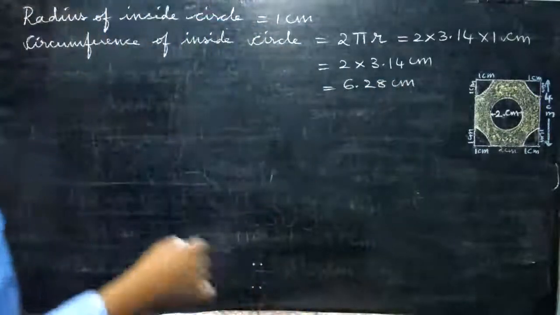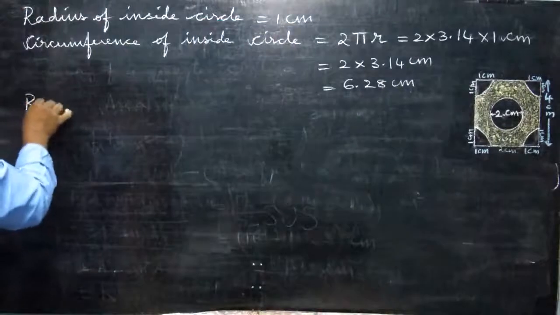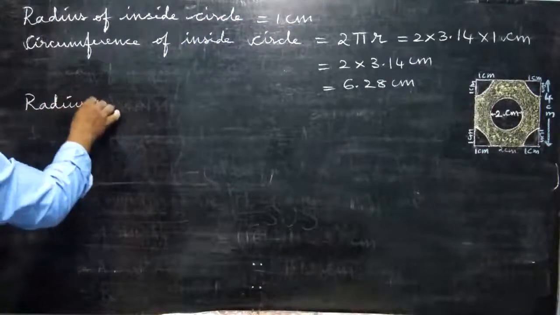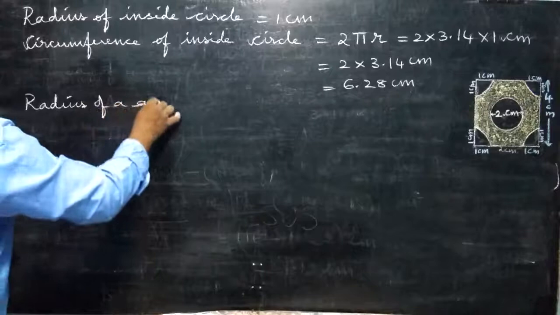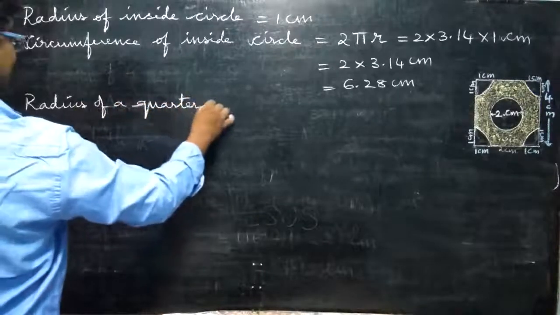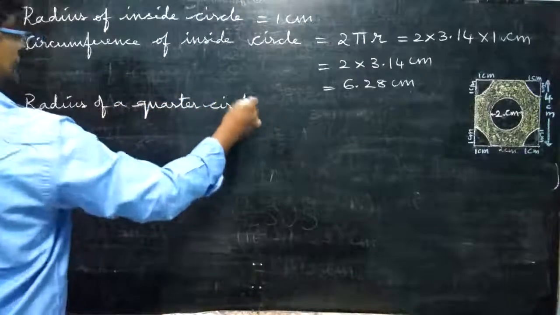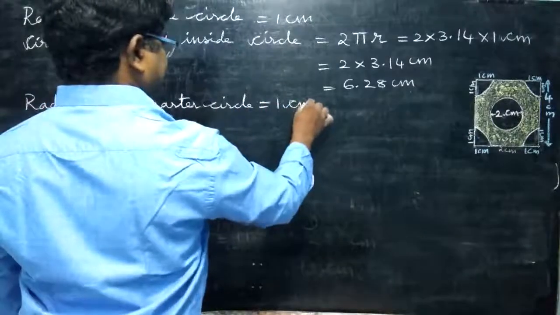This is the circumference of the inside circle. Next, the radius of a quarter circle is 1 centimeter.